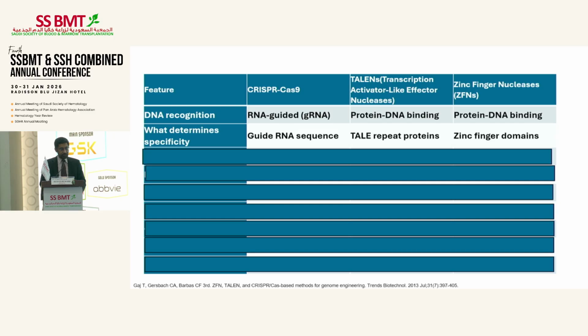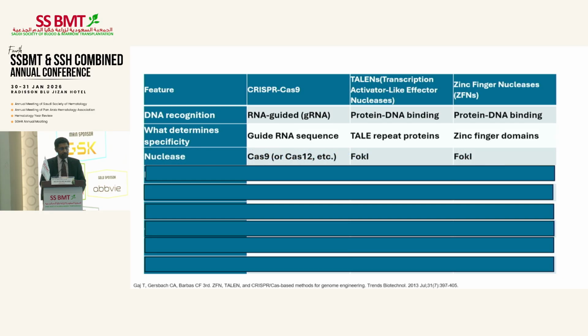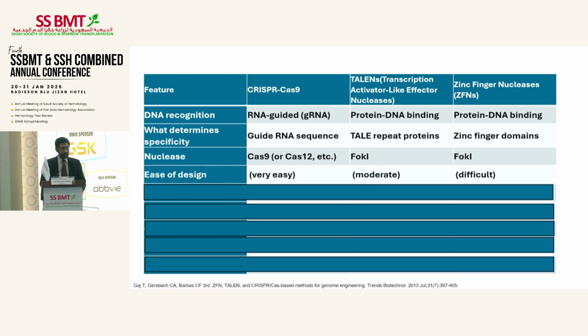RNA sequencing is important in the CRISPR-Cas technology. It uses the Cas9 enzyme, while the other two technologies use the FokI nuclease. CRISPR-Cas is very easy to use, while the others are moderate to difficult. The zinc finger nuclease was the first to be discovered, and I think now it has become historical.